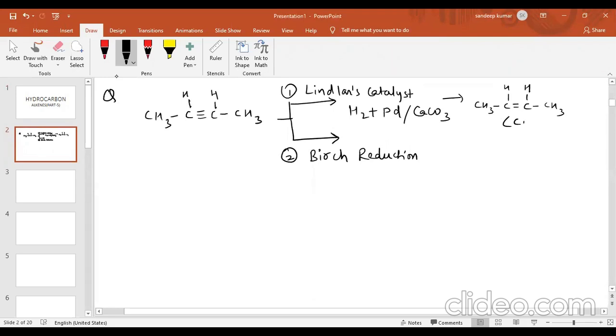So this is the cis product, as we have already discussed, while by Birch reduction the trans product is obtained. Trans product means the two hydrogen atoms will come from the opposite sides of the plane.